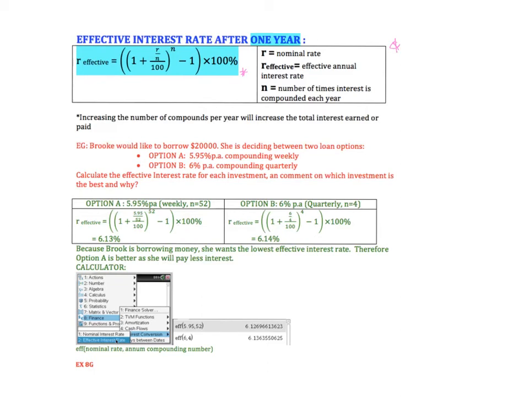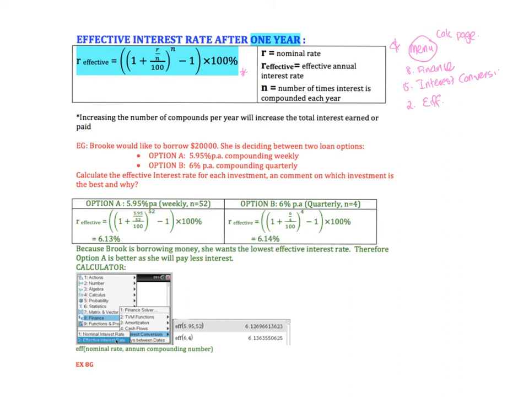The way you do it on your calculator is you press menu, and this is on a normal calc page. You go down to number 8, which is finance, and then you look for number 5, pretty obvious, interest conversion, and then you pick, we always want the effective interest rate 1.